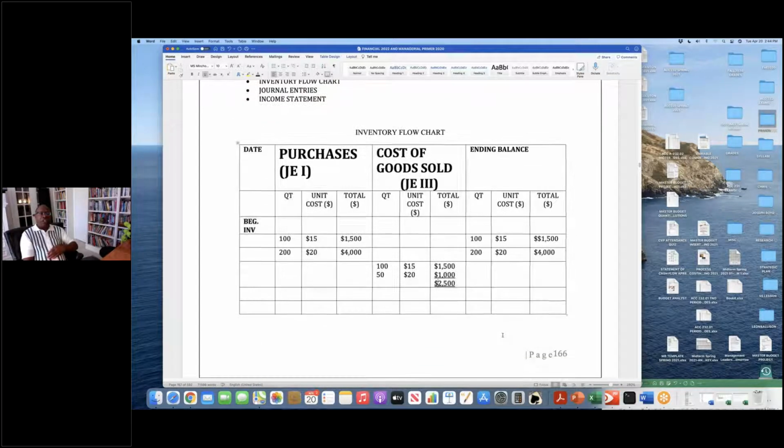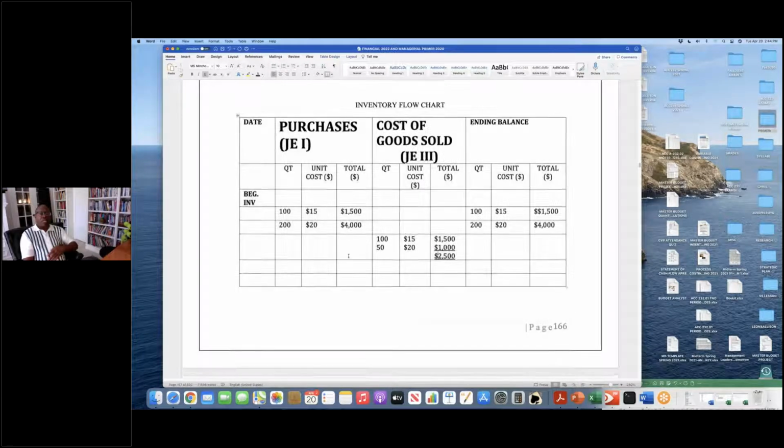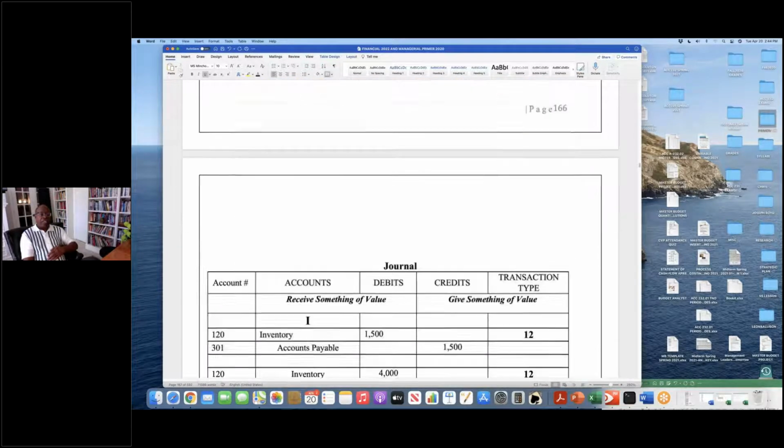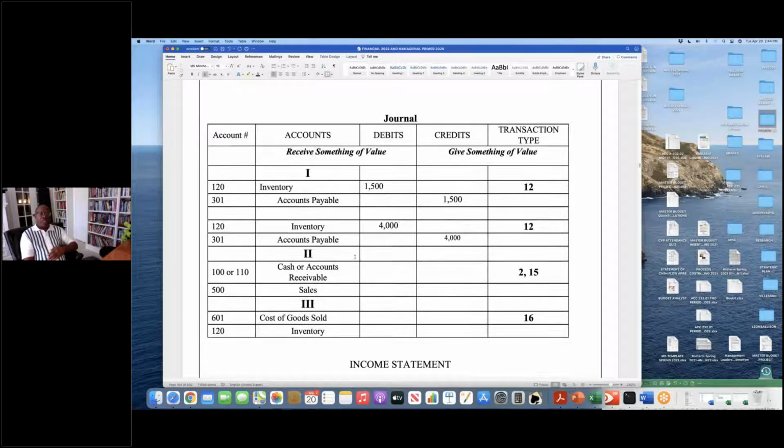So let's make our journal entries on the sale. So we did our purchase journal entries. So let's make our sales journal entry. We sold 150 pairs of shoes at $40 each. So how much money did we get?